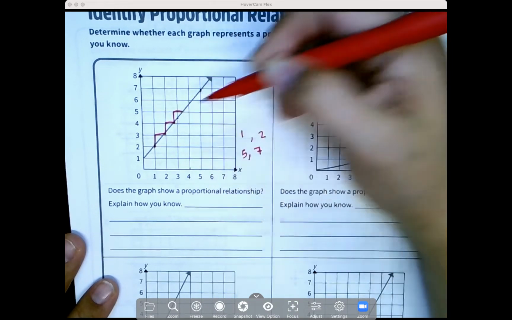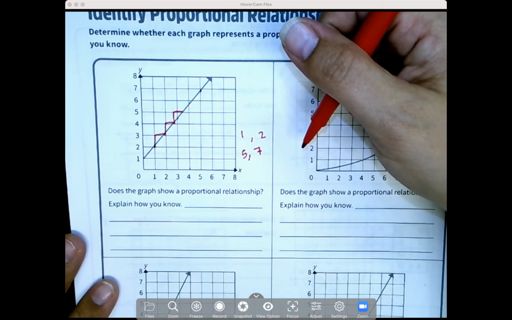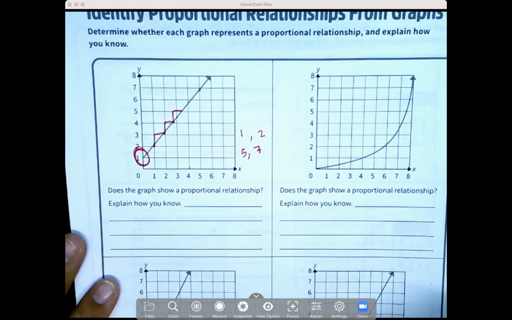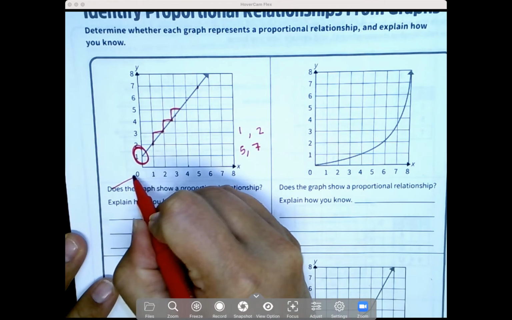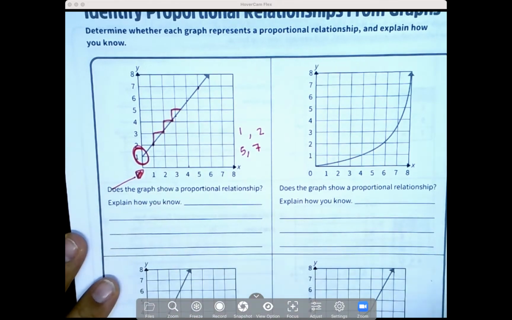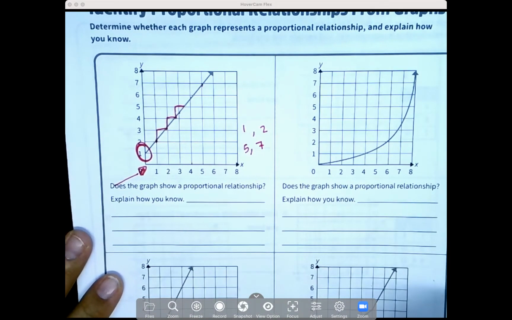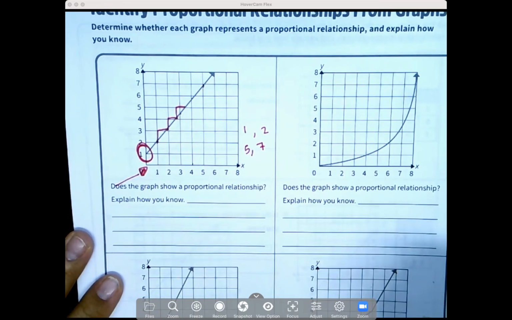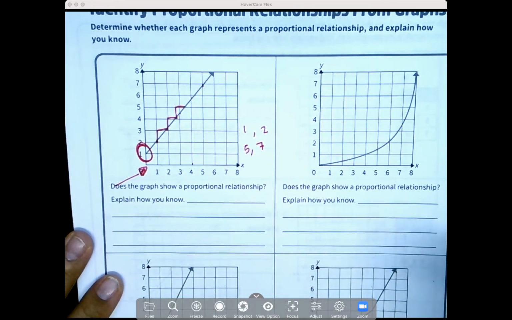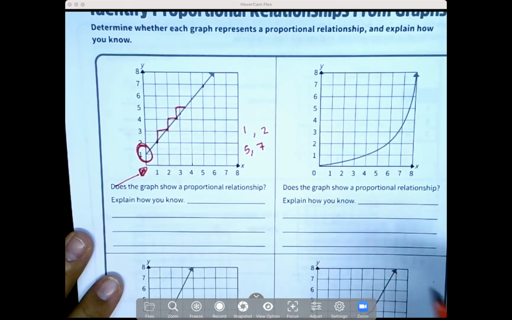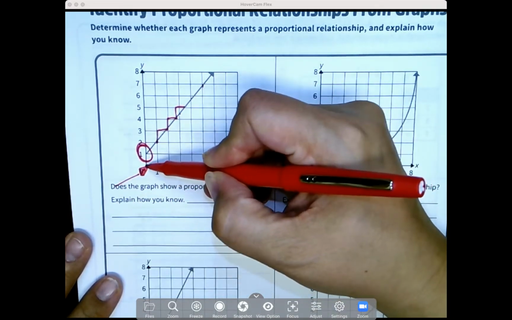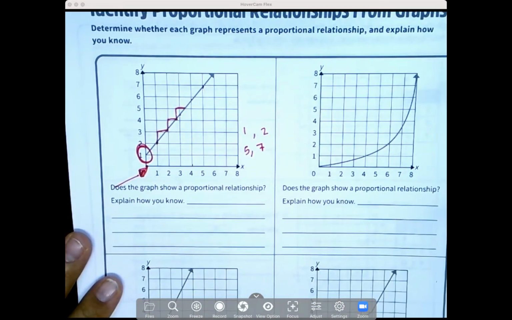Okay. But one of the larger issues is the fact that over here, okay, you are not starting at 0, 0. Okay. All of our proportional relationships like this should start at 0, 0, the origin, just like how when we did our 2-line problems, we started with the marker 0, 0. That helps students to understand that they must start here, right at the corner 0, 0.